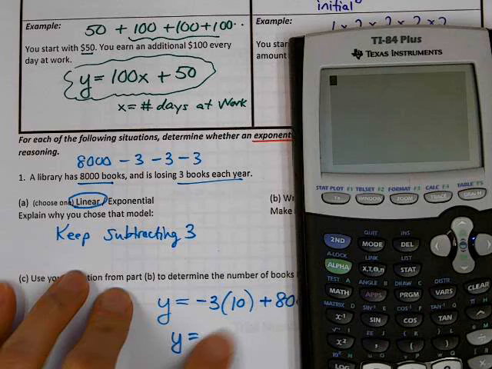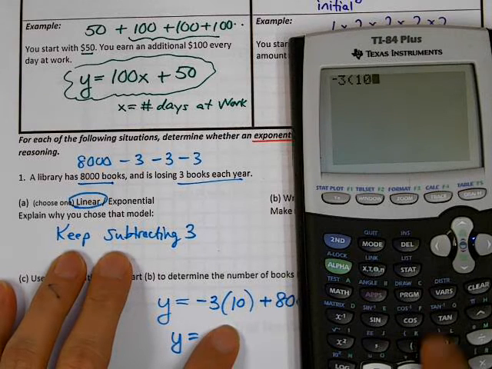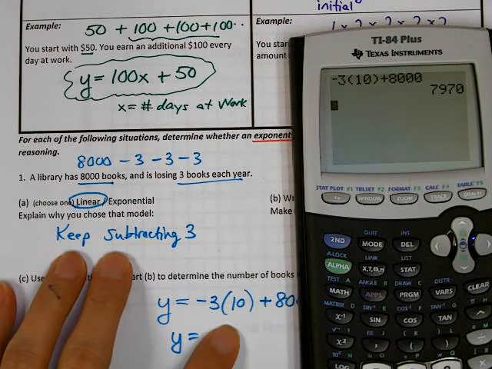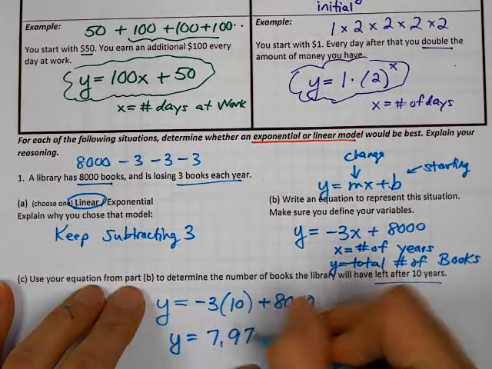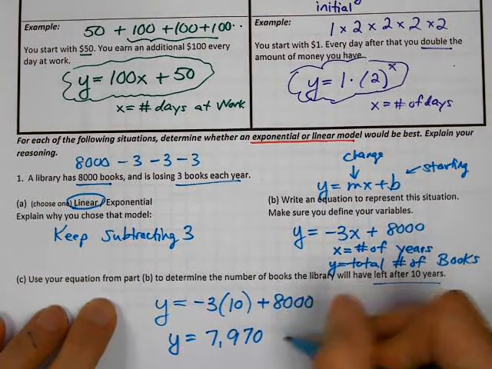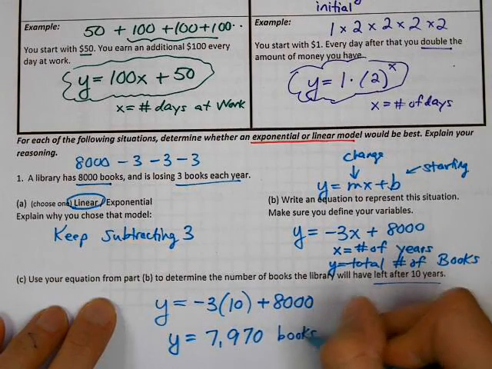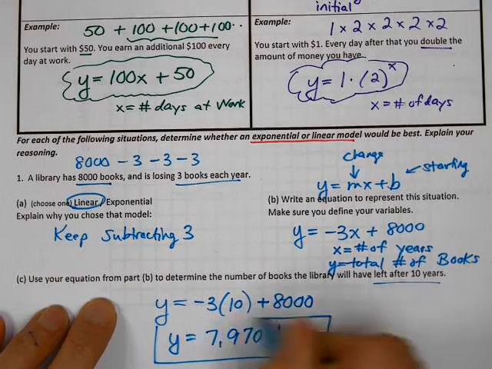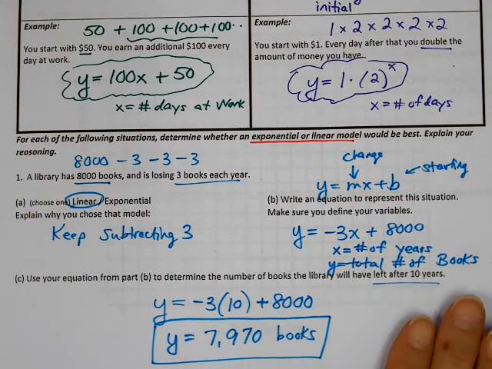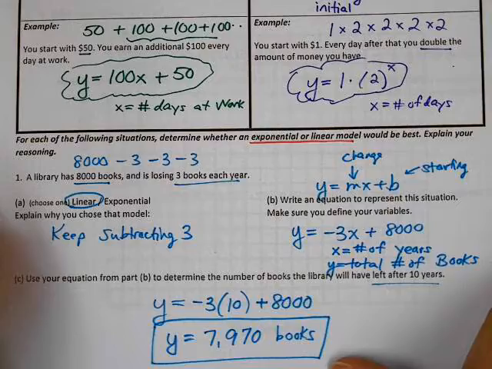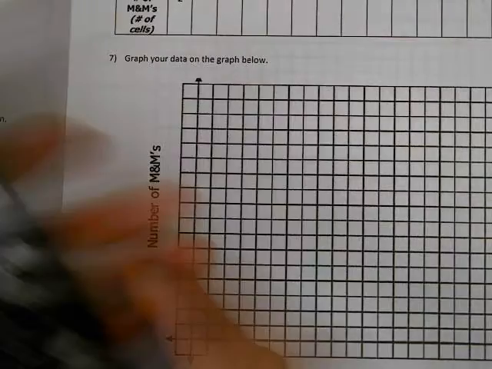You can just type in negative 3 times 10 plus 8,000, and it says I have 7,970 books. Does that make sense? Yeah, it's less than 8,000. The number of books went down. I lost 30 books. And this would be linear. Hopefully this is stuff you studied last semester.